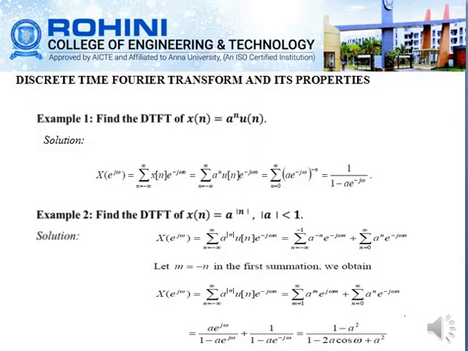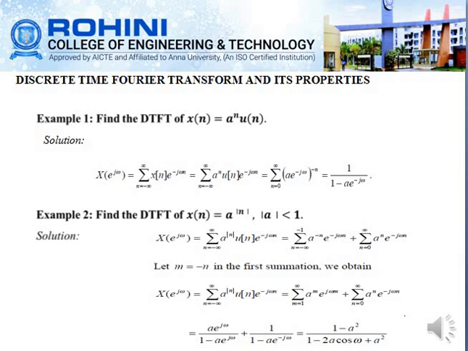Example: find the DTFT of x(n) = a^n u(n). Solution: the Fourier transform of x(n) is given as summation n equal to minus infinity to infinity x(n) e^(-jωn). Substituting the x(n) value, it becomes summation a^n u(n) e^(-jωn).